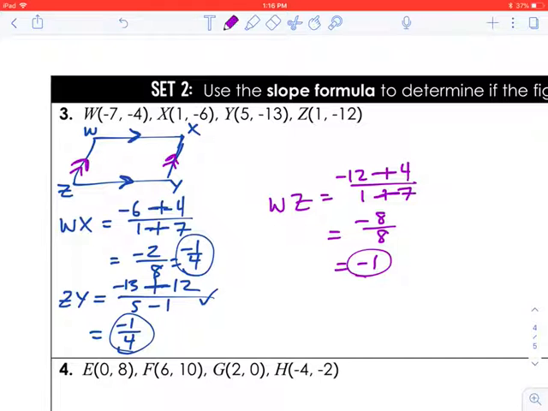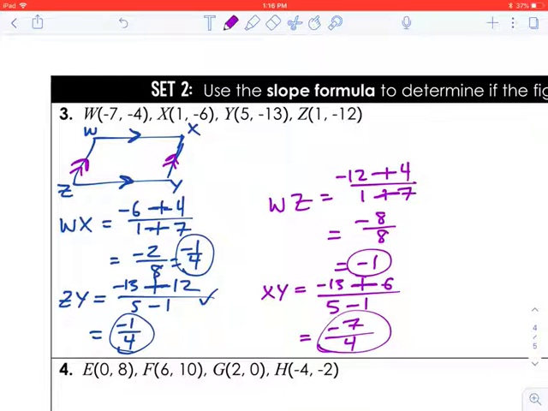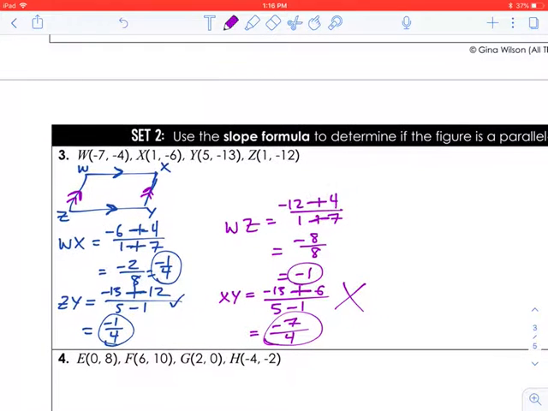So XY's slope is going to be negative 13 minus negative 6 over, negative 13 is 5 minus 1. And so I get negative 7 over 4. Oh, that is not correct. So that is not a parallelogram.